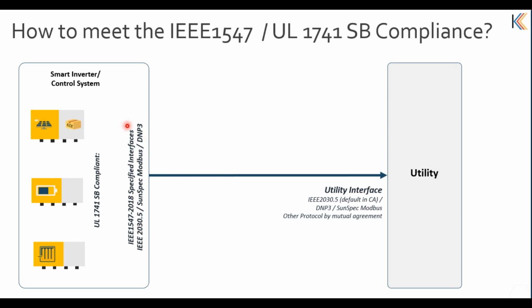So that is option number one. Option number two could be a hardware module, an OEM module or PCB card, which has an inbuilt software stack supporting 2030.5, SunSpec or DNP3. The hardware module can be integrated with the devices through any of these standard interfaces like TTL, I2C, SPI, or Ethernet.